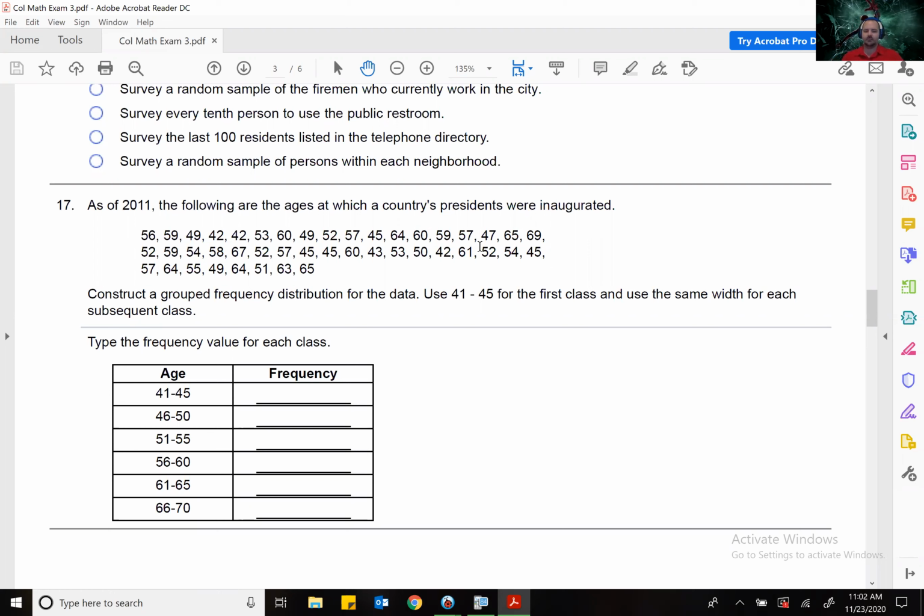So in the end, in each one of these blanks going from top to the bottom, in 41 to 45, there should be 1.